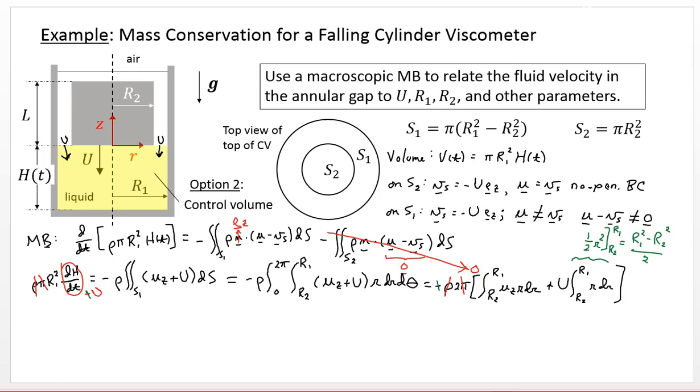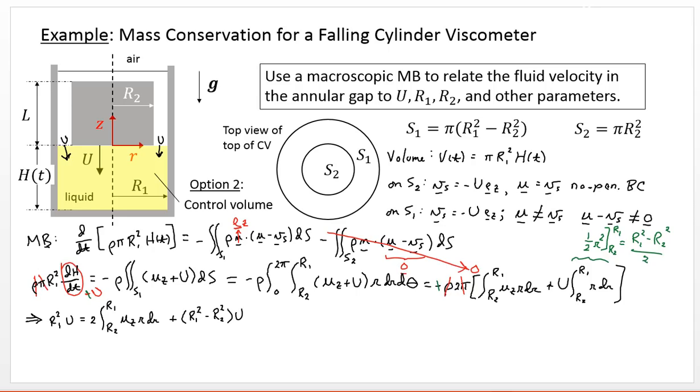And so now what we're left with is R1 squared U is equal to 2 times the integral from R2 to R1 of uz r dr. And then the second term, we get plus, the 2 out in front cancels the 2 down below, so we get plus (R1 squared minus R2 squared) multiplied by capital U.